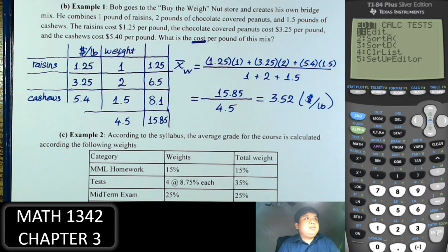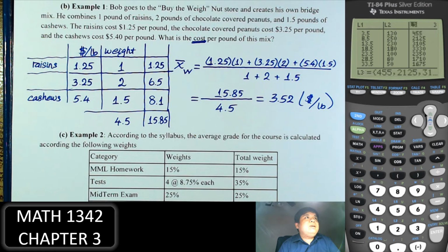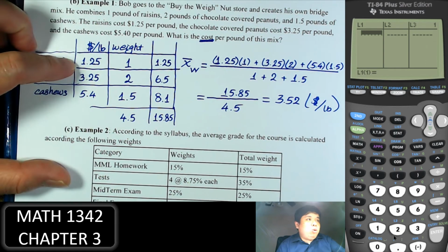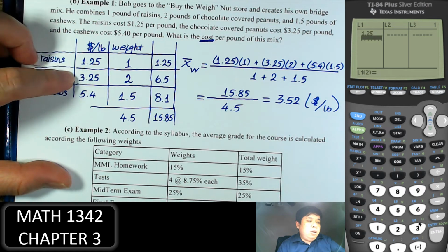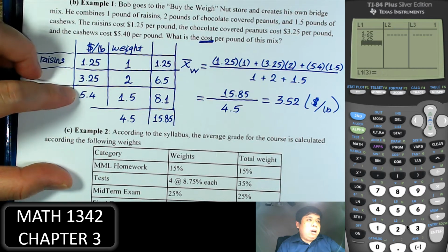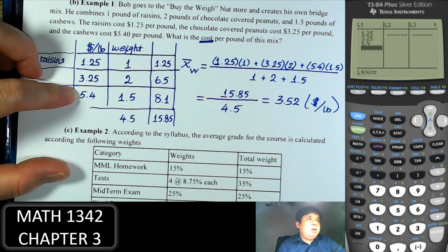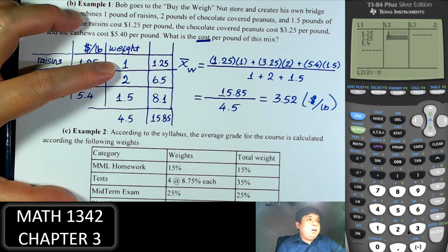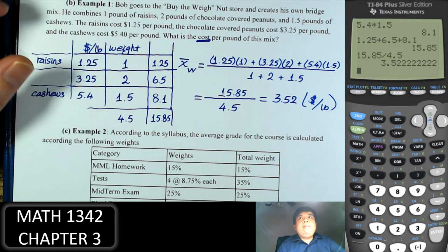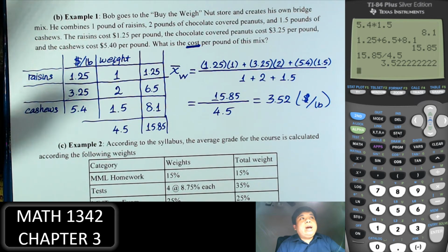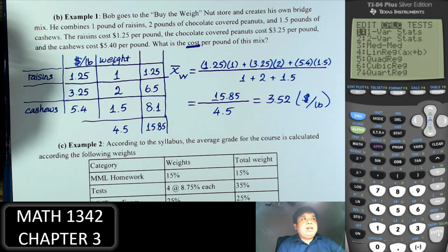How do we clear everything? Highlight the list, never hit delete, just hit clear. Then I enter 1.25, 3.25, and 5.4. The weight: 1, 2, 1.5. Second mode, back to home screen, and then we calculate the one variable statistic.